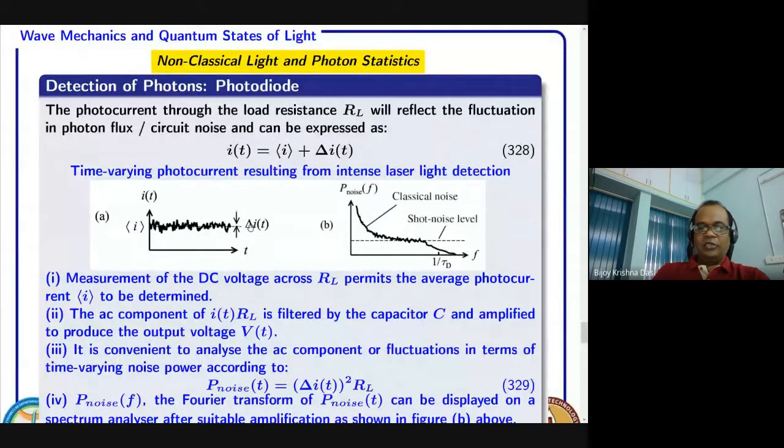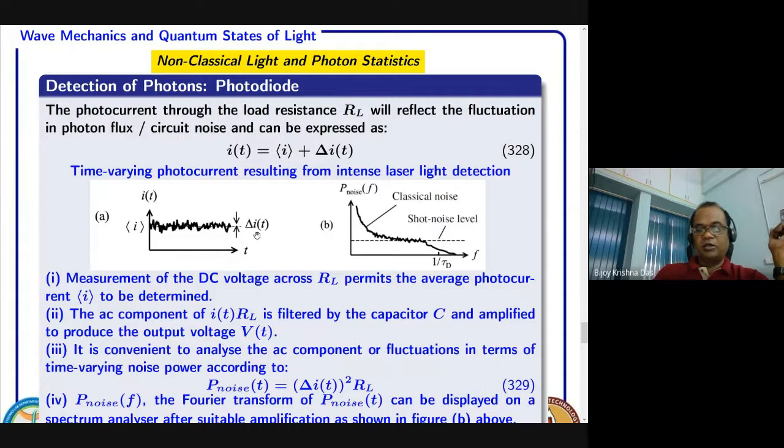And then if you just analyze these fluctuations, current fluctuations, that is actually noise. And that noise, whatever current you are drawing through a load resistance, you convert into time-dependent power.